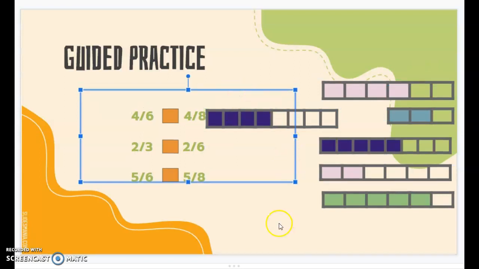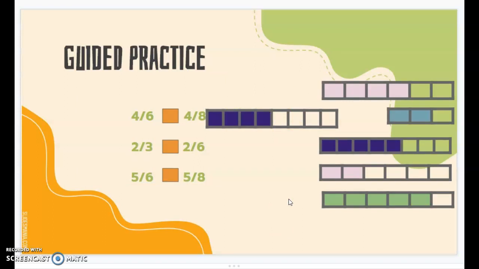Okay, so now we're going to locate the model for fraction 4/6. We have 1, 2, 3, 4, 5, 6, 4 shaded, and so here's the model for 4/6.